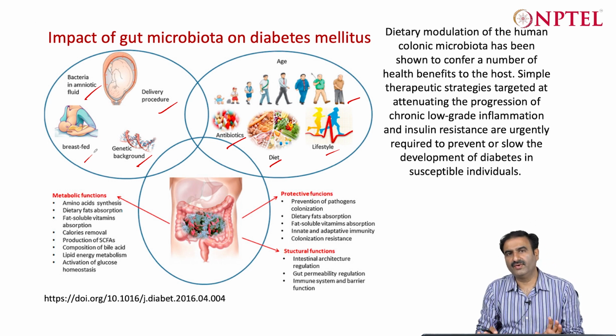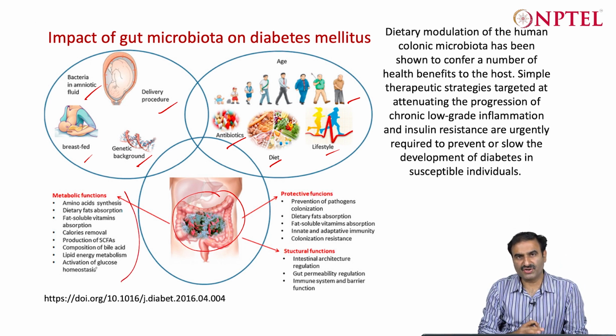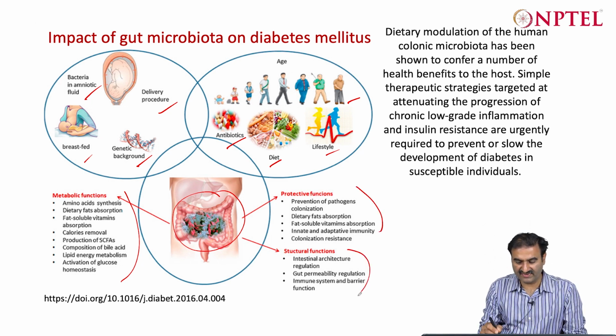things can influence this, because this gut microbiome plays a lot of role in amino acid synthesis, dietary fiber absorption, fat-soluble vitamins, SCFAs and BCAAs, branched-chain amino acids and short-chain fatty acids. The healthy microbiome will do all these jobs: protective functions, metabolic functions, structural functions.